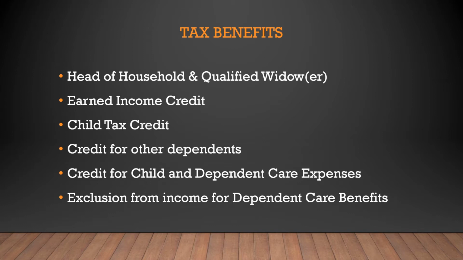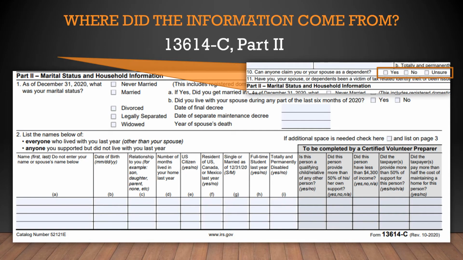It qualifies the taxpayer to take credits like the child tax credit, the credit for other dependents, the credit for child and dependent care expenses, and it also allows them to exclude from income the amount their employer would have paid for dependent care benefits.